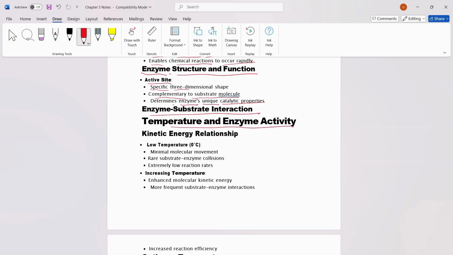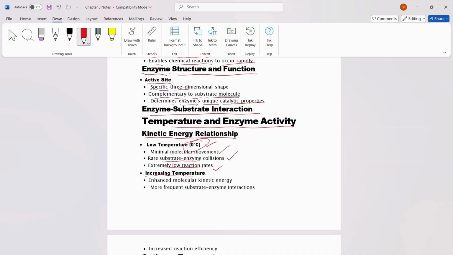Let's talk about temperature and enzyme activity. Kinetic energy relationship. At low temperature, 0 degrees centigrade, you will see minimal molecular movement, rare substrate-enzyme collisions, and extremely low reaction rates. Why? Because the temperature is 0 degrees centigrade.